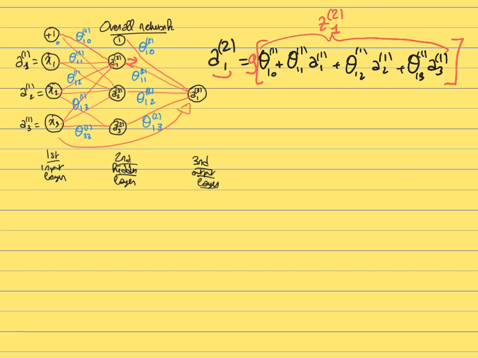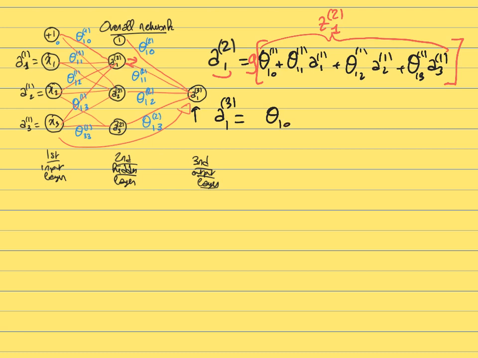So just to do another example, if you take this neuron here, which is the first neuron from the third layer, it's going to take as input the bias.